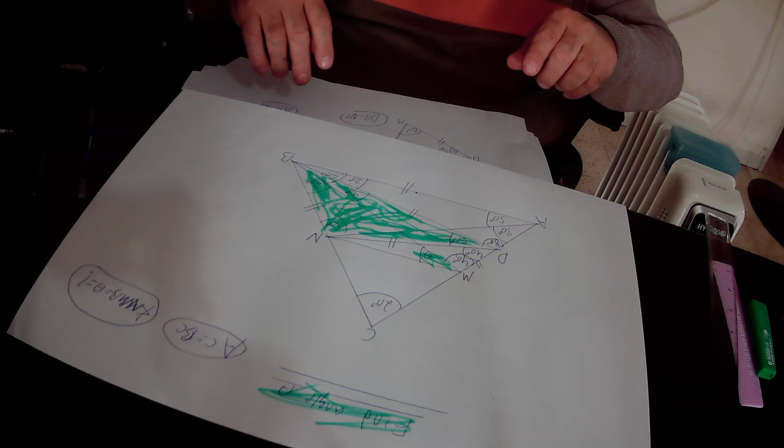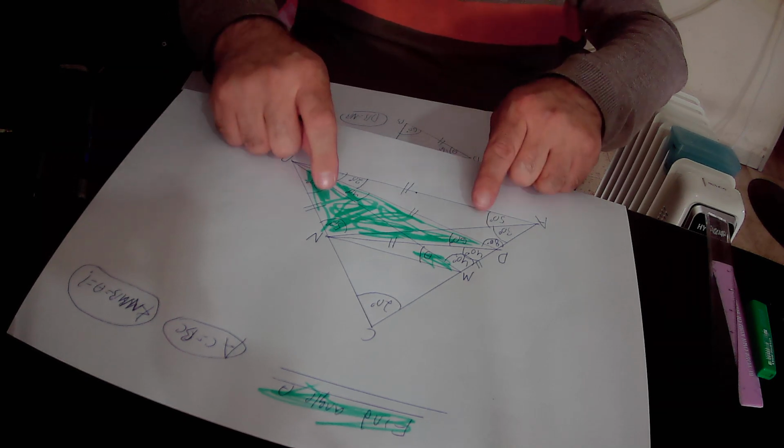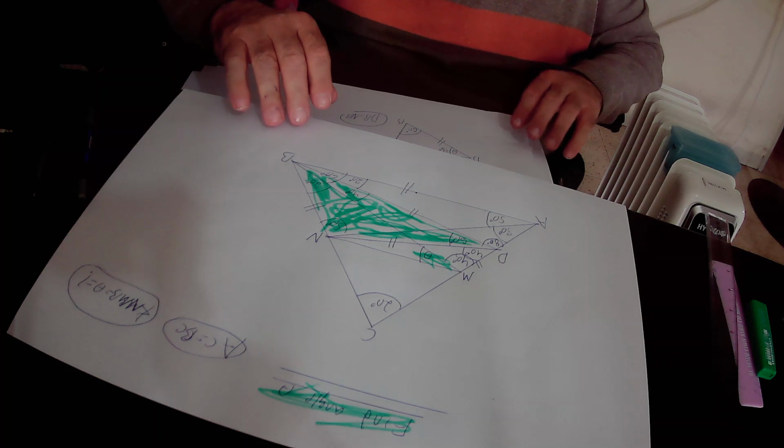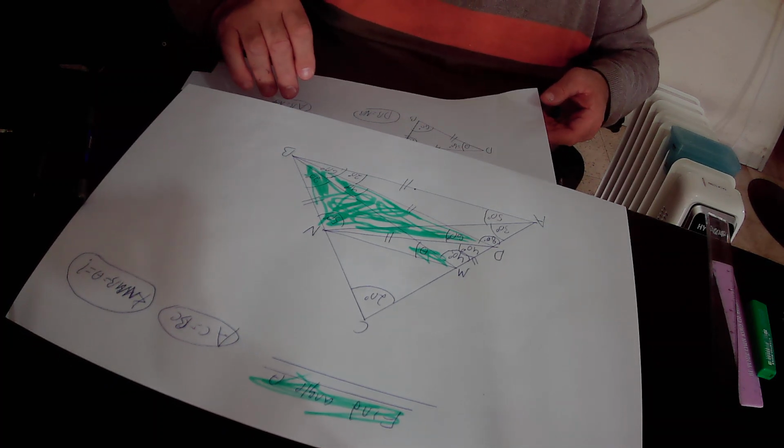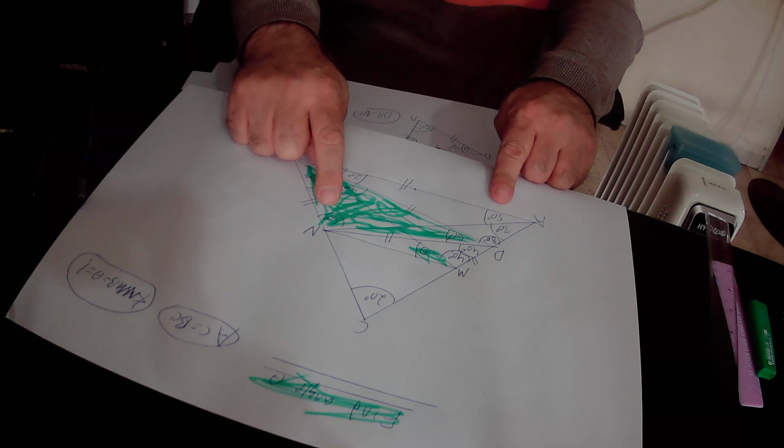because of the fact that we have the triangle, those two angles, they are equal to each other, they are both equal to 50 degrees, therefore they are equal to each other.